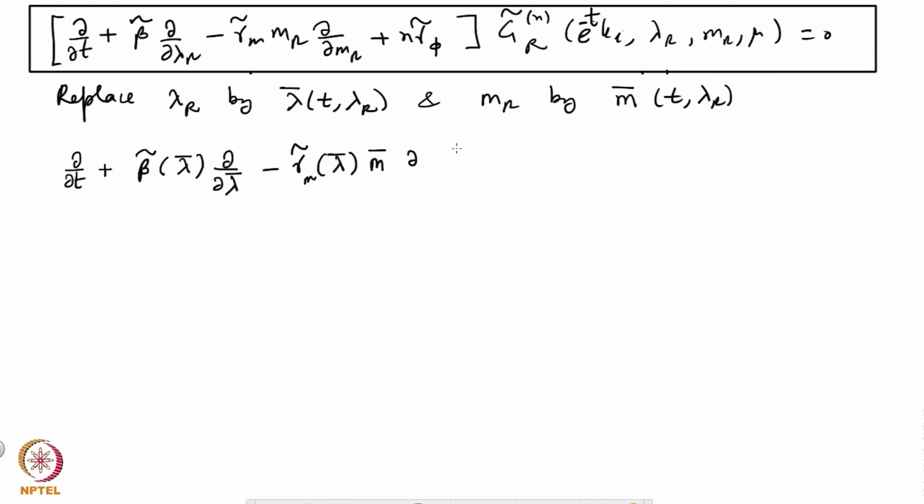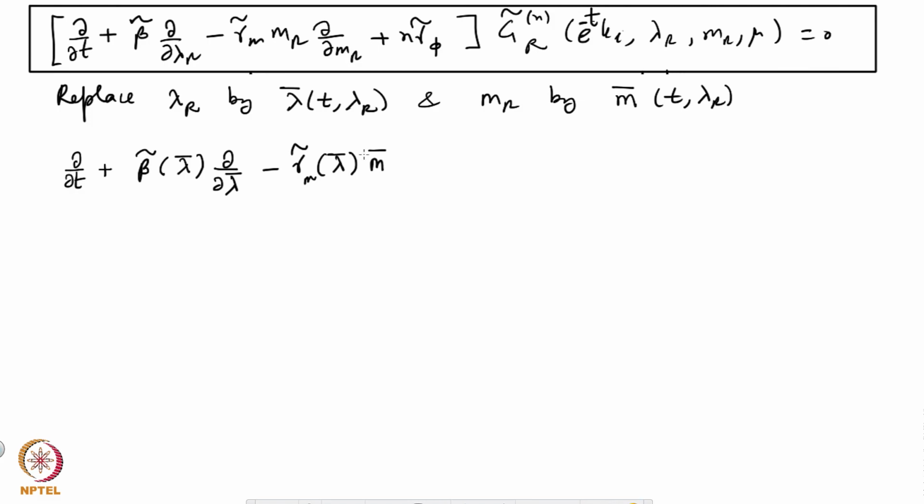I want to make the arguments explicit. So here mr is a function of lambda r, right? The renormalized mass is a function of renormalized coupling constant.